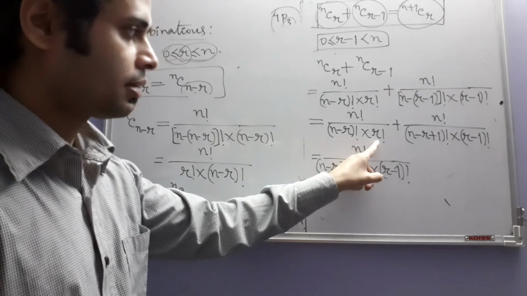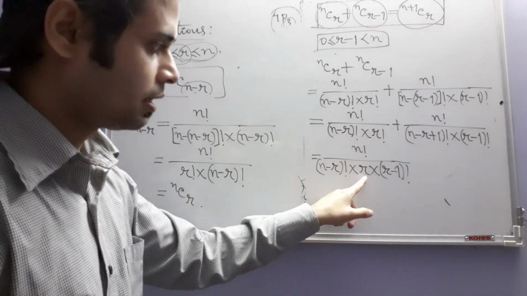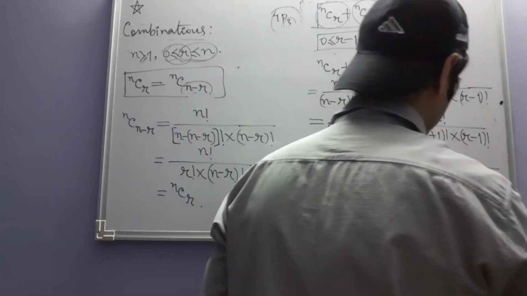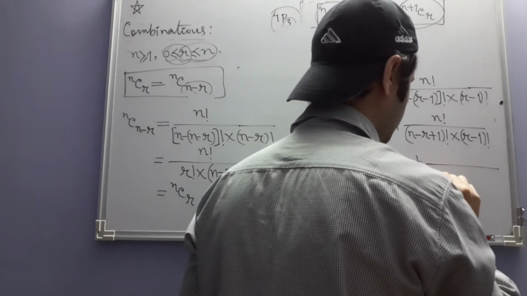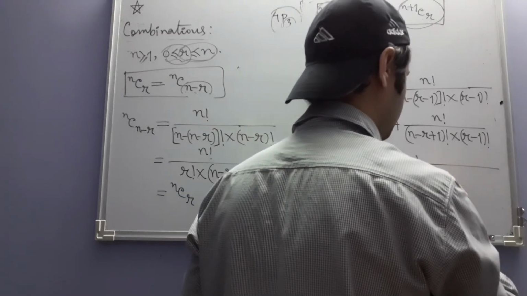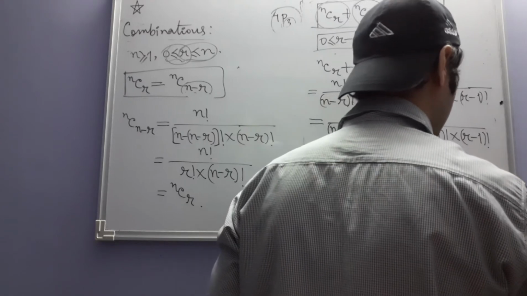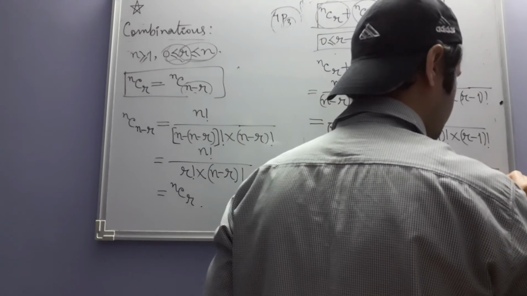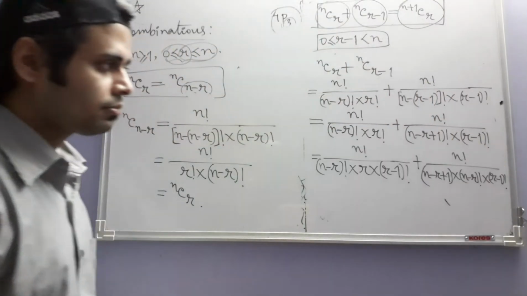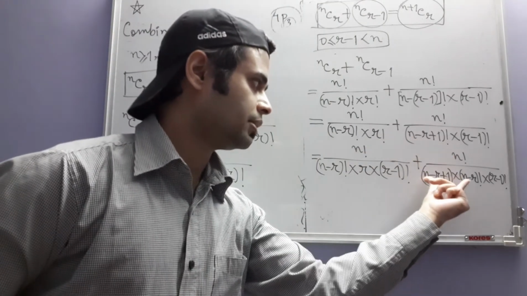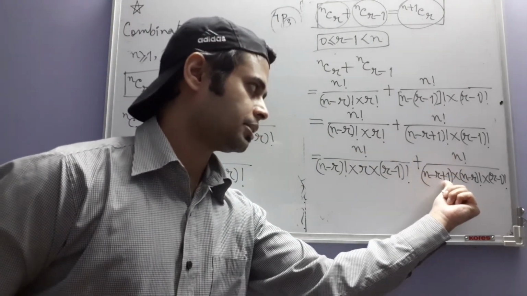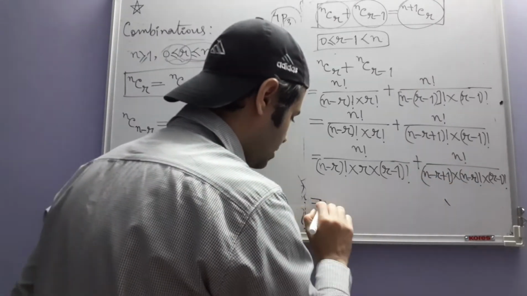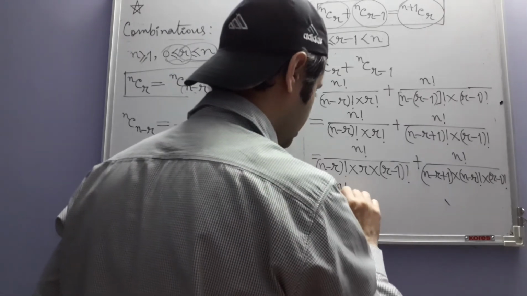What I have done here, in place of r factorial, I have written r times (r minus 1) factorial. That's what it is, right? Similarly, for this one, I write (n minus r plus 1) times (n minus r) factorial times (r minus 1) factorial. Okay, here this factor can be written as a product where one factor is n minus r plus 1, the other one is (n minus r) factorial.